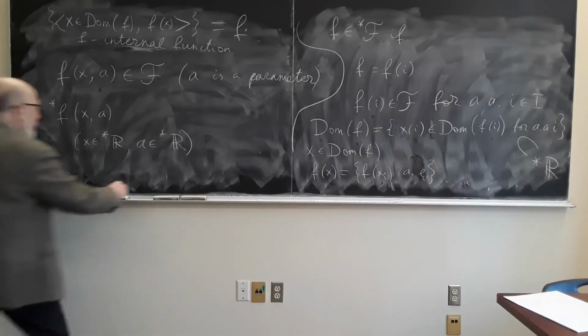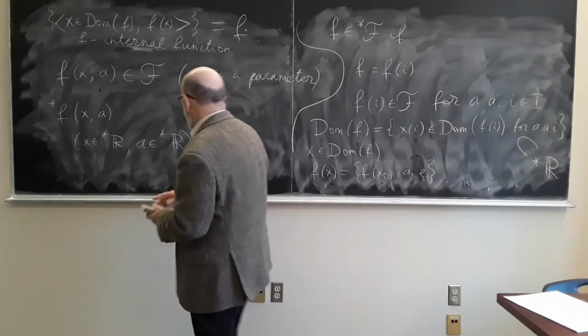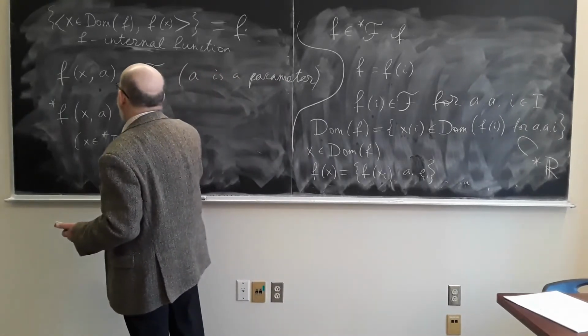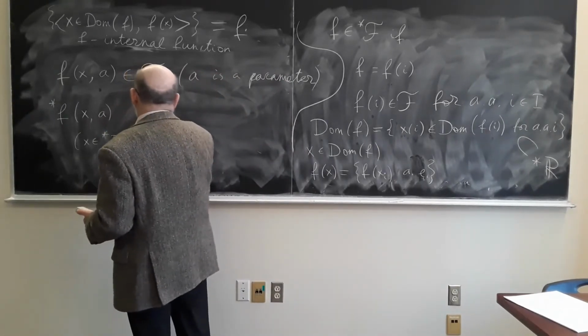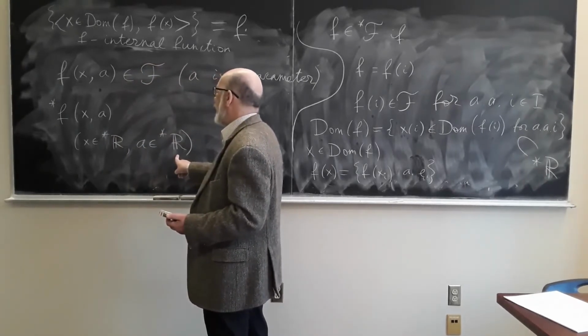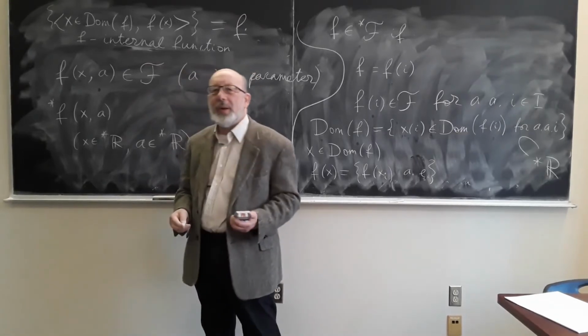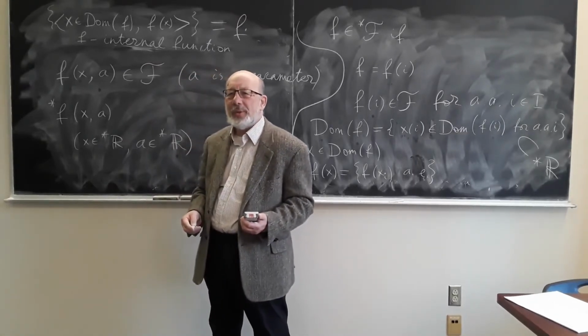Now consider examples of such construction. So this star f of x and a, for a non-standard, say infinitesimal or infinitely large, is an example of an internal function.